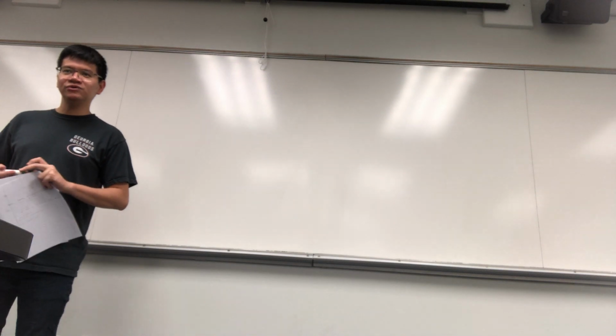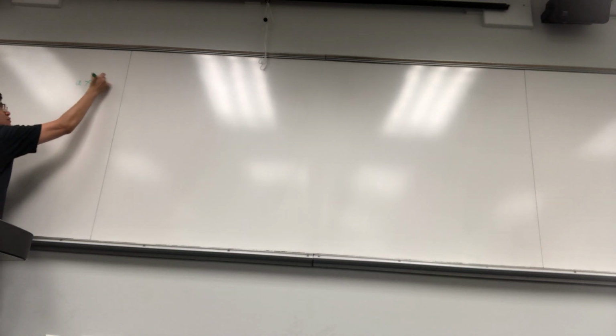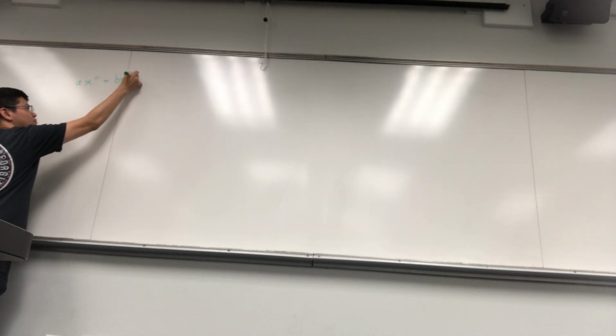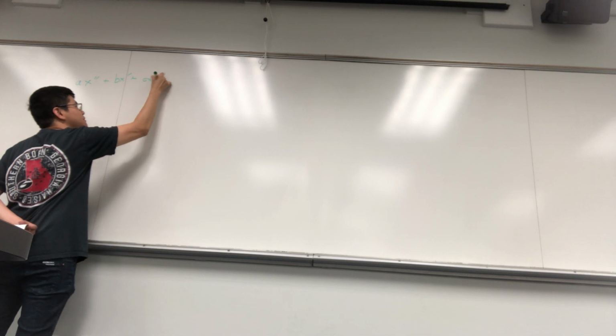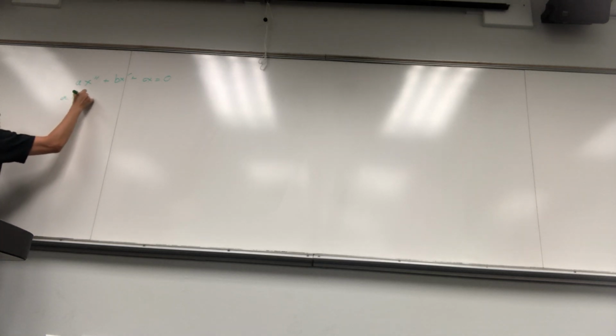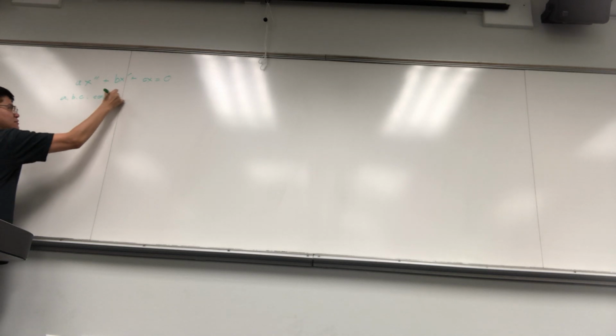Last time we were trying to solve second order differential equations with constant coefficients, and those equations are homogeneous, right? So the equation that we were looking at has the following form: ax'' + bx' + c = 0, and a, b, c are constants.